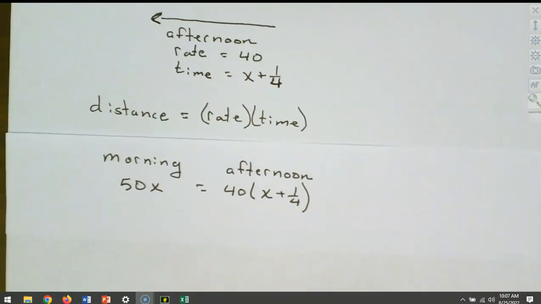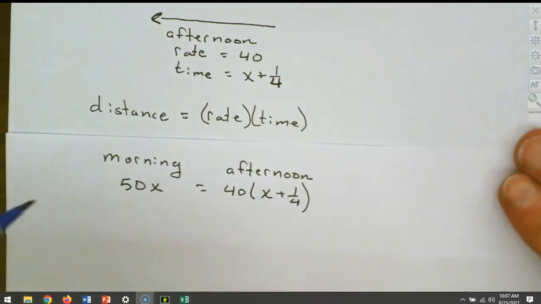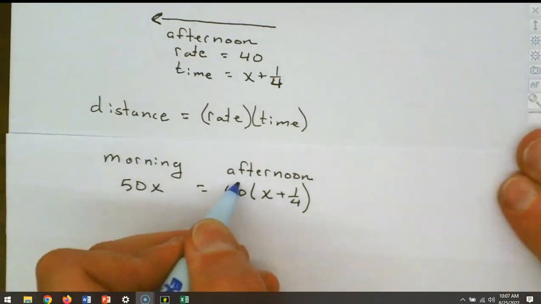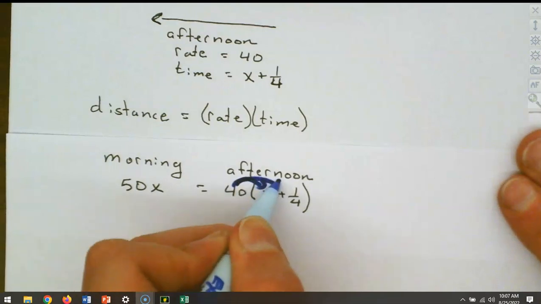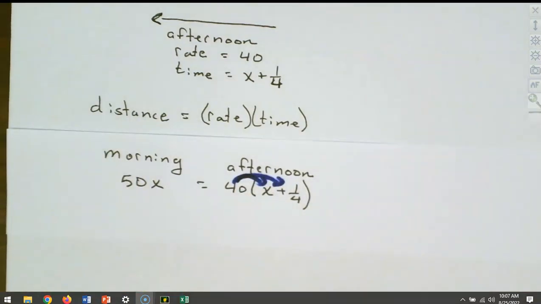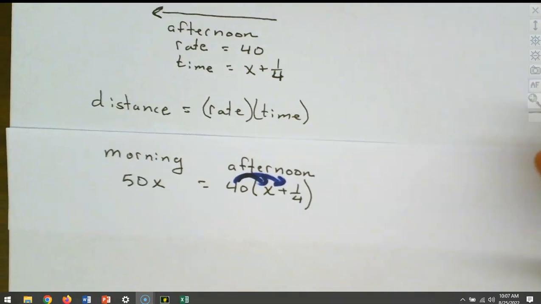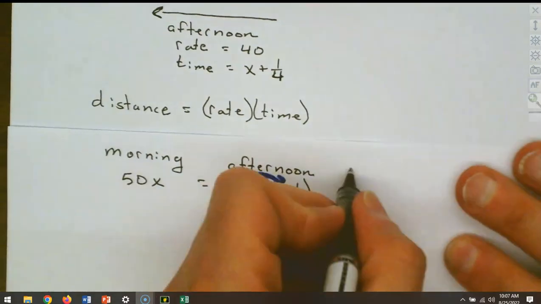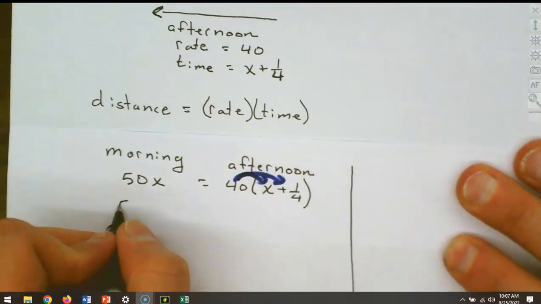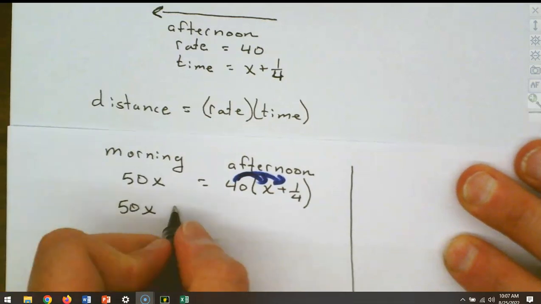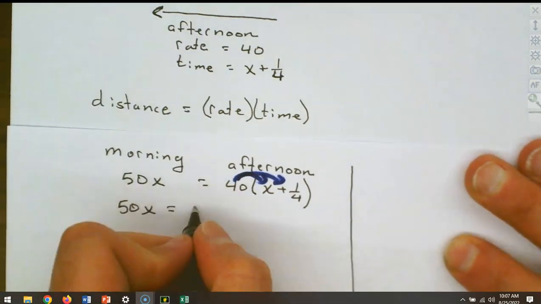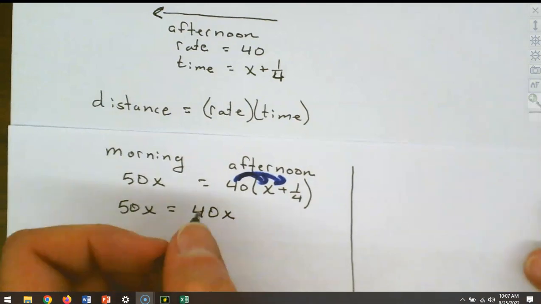Now we can distribute through, and that 1/4, by the way, is going to cancel itself out. And if you ever have trouble with fractions, we can write them over to the side. So let's go ahead and work this out. So on the left-hand side, we've got our 50x. We're going to distribute that 40 through, so that's 40x.